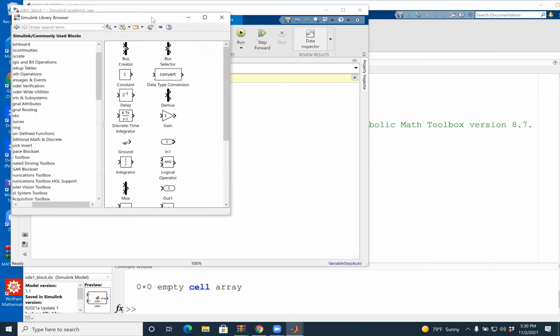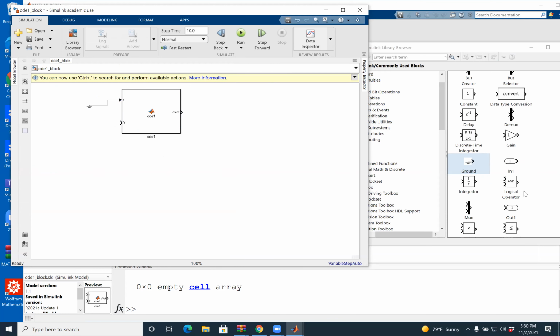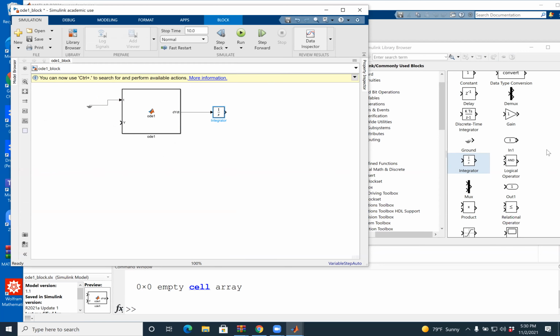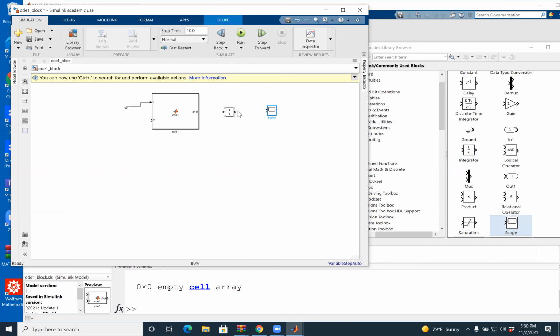There you would have the ground. Pick this ground and attach that to time. Then look at the integrator and connect this integrator over here. Then go to the scope block, scope block over here. Attach the scope block to the output of the integrator.